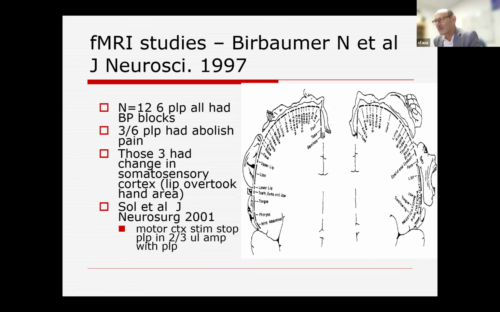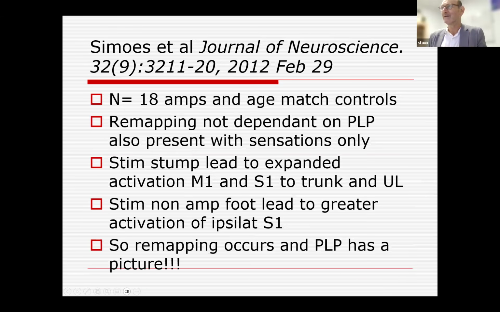In 2001, they did try some motor cortex stimulation to stop phantom limb pain, and that did stop phantom limb pain in about 2/3 of those with upper limb amputations in that study, implying that it was central sensitization and the pain was being generated centrally, not coming peripherally. So there's clearly a lot to unpack here. Some of it's coming peripherally and some of it's coming centrally.